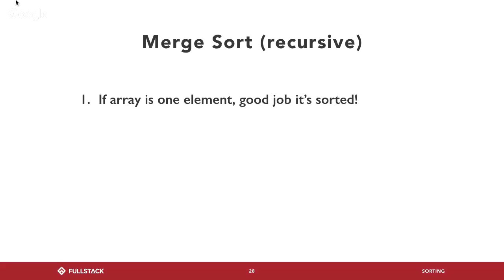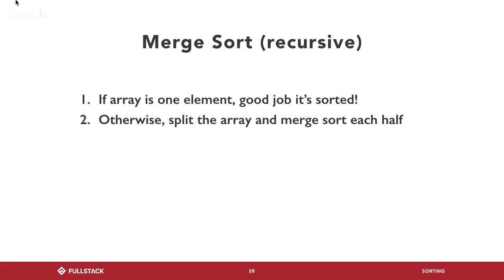So the idea is, if an array is only one element, here's your base case. If your array is only one element, great, you're automatically sorted. Otherwise, split the array, merge sort each half of the array, and in the end, merge the combined halves into a whole.